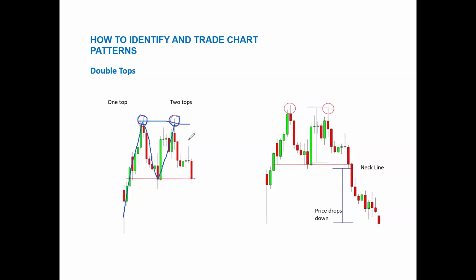We've done resistance and support in one of the classes. Technically, when price hits a resistance, we expect a decline in price. Why? Because a resistance is a seller's zone. There are an abundance of sellers at resistance that will push price down. So because it hit a resistance on the two highs, we experience a decline.